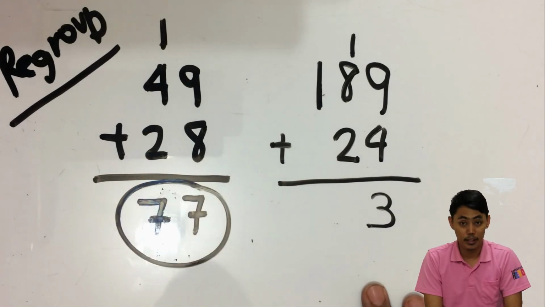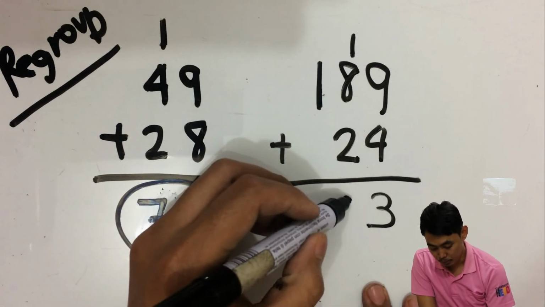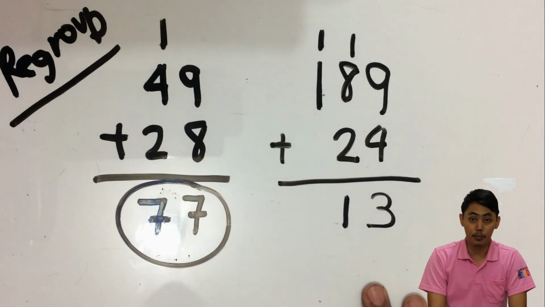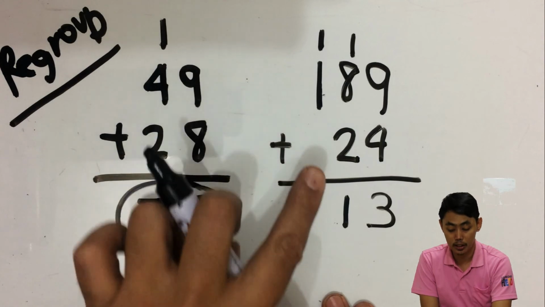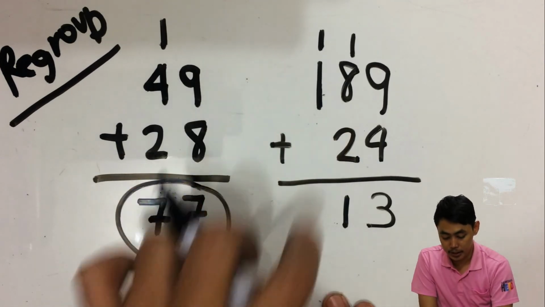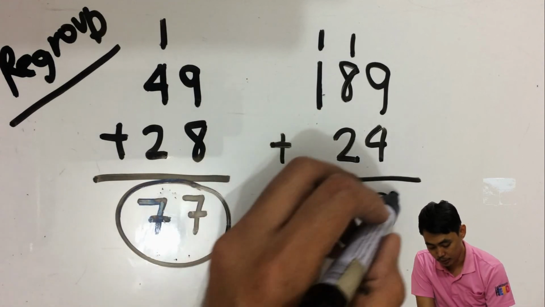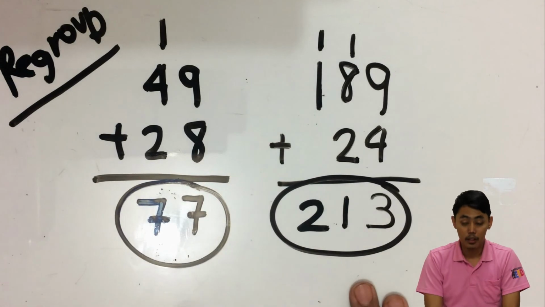Plus 2, that is 11. So since you have 1 and 1, 11, put 1 here and then reassign or regroup the 1 to the next place value, and that is the hundreds. And then the next thing that you will need to do is you will add 1 plus 1, you will have the answer of 2. And this is the sum that you are looking for.